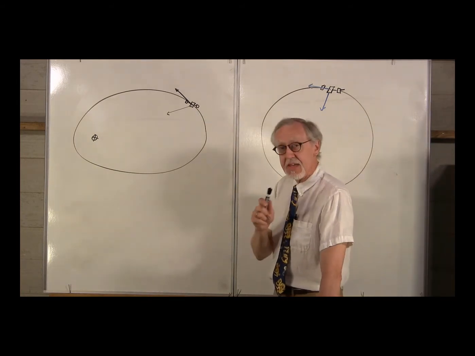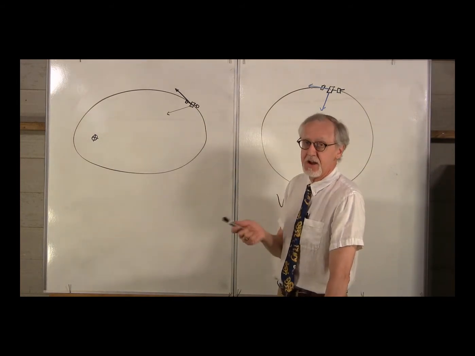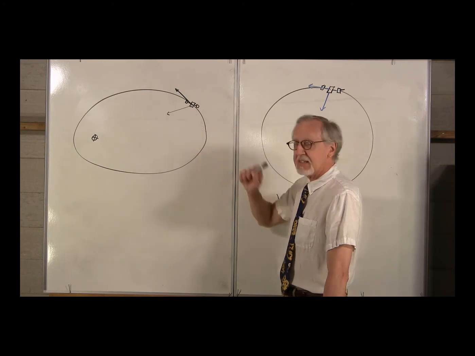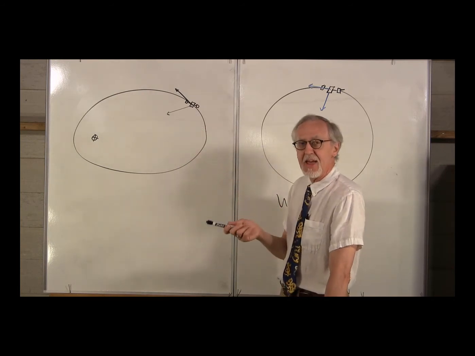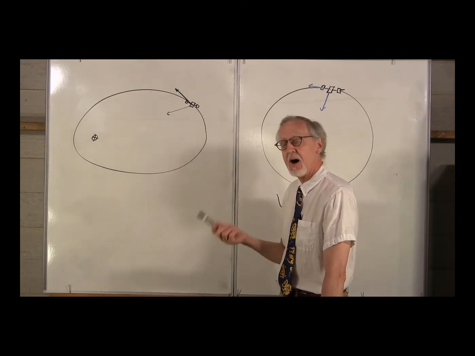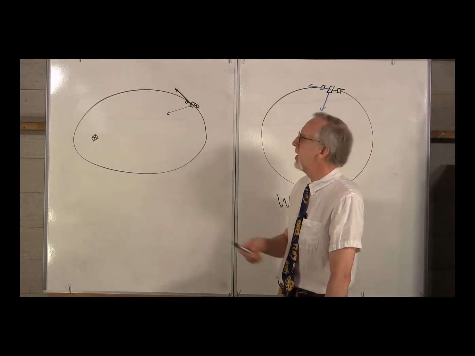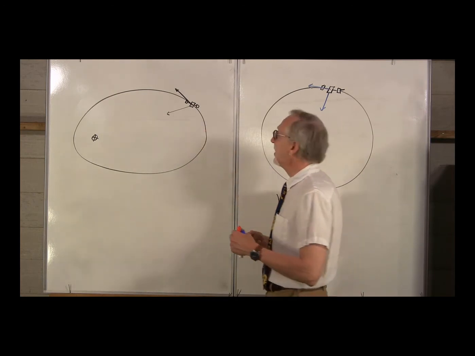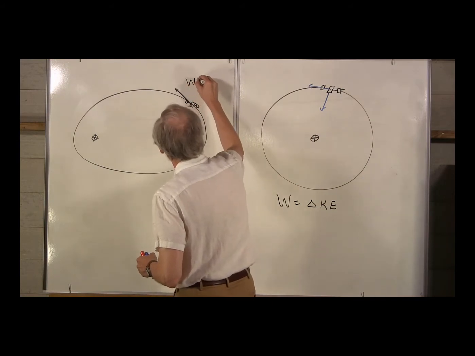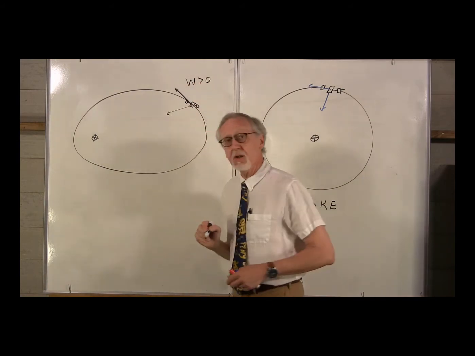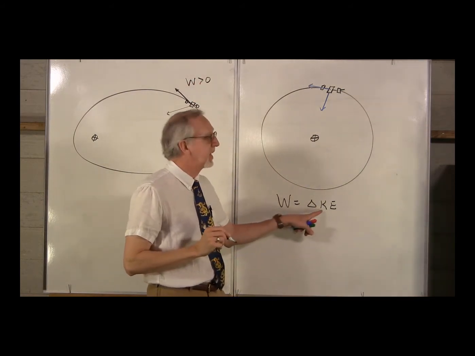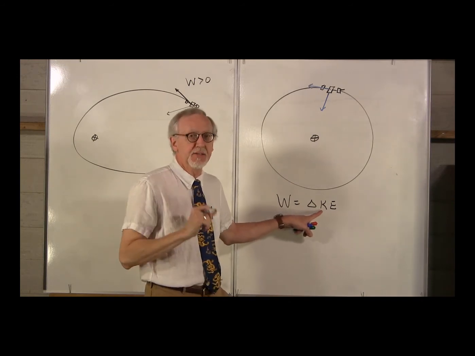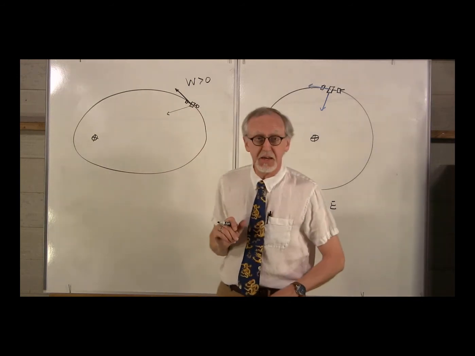The angle between them is less than 90 degrees. Because it's less than 90 degrees, the cosine is positive, greater than 0. In this case, the work done is going to be positive. If the work is positive, the kinetic energy is increasing. In other words, the velocity is increasing.